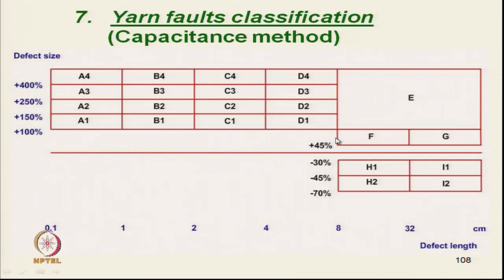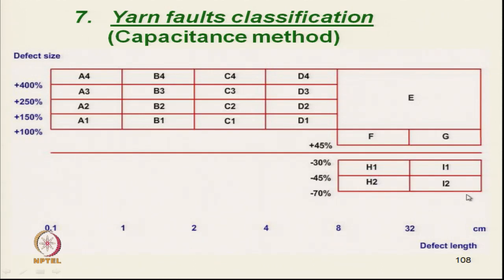H1, I1 are long thin faults, and H2, I2 are also long thin faults, but the diameter or mass per unit length is much less.